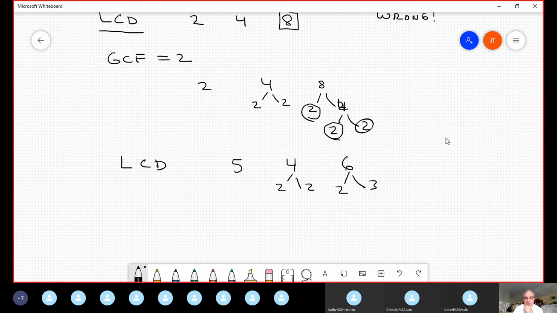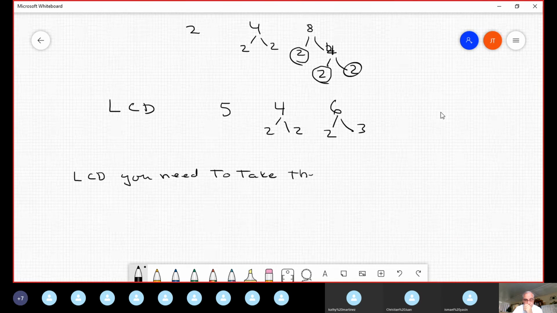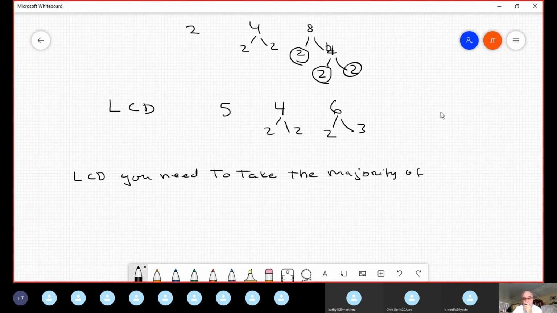And the rule says, I want to repeat: to find the least common denominator, you need to take the majority of repeated factors or numbers, whatever.